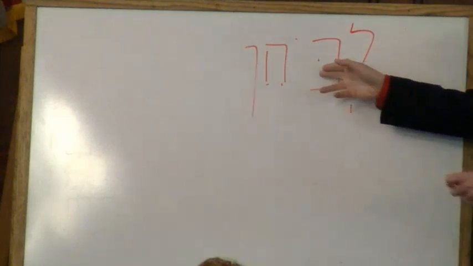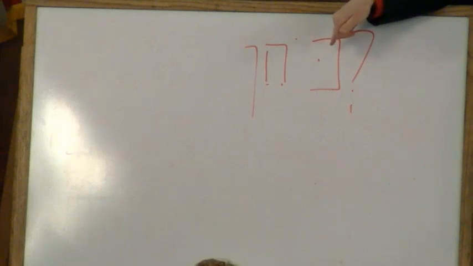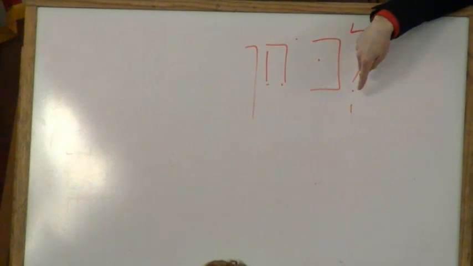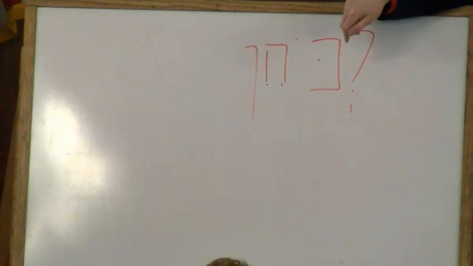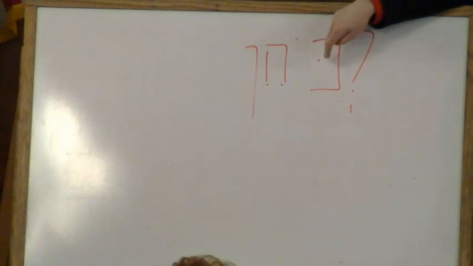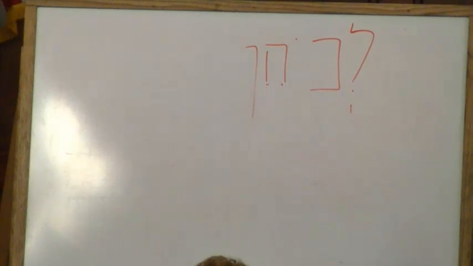So kohen on its own was a stop. Now, what is the kaf preceded by now? Shawa. So that's a vowel. So does this stay a stop or change to a spirit? Spirit. Changes to a spirit. So this becomes la kohen. Kohen to la kohen. That's basically what you're practicing in this one.